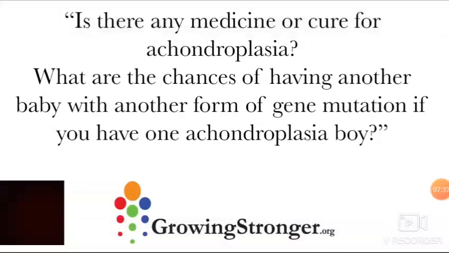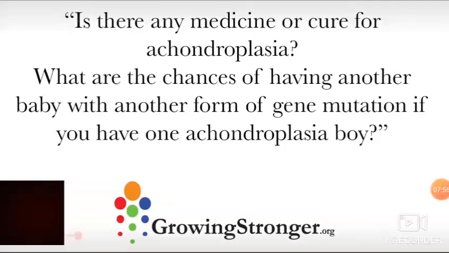Is there any medicine or cure for achondroplasia? What are the chances of having another baby with another form of gene mutation if you have one achondroplasia boy? So the first question, again, relates to, I assume, the BMN 111, which I think has been answered.